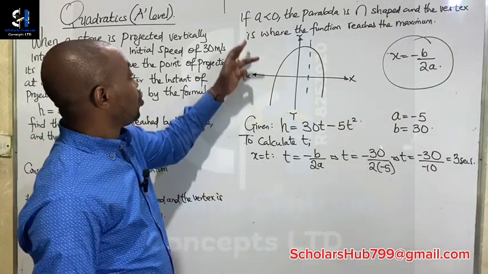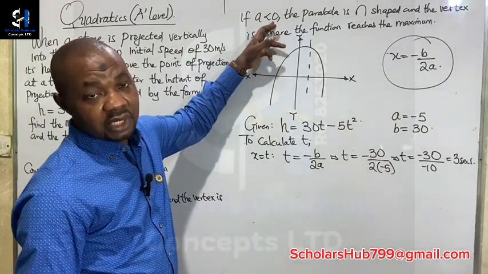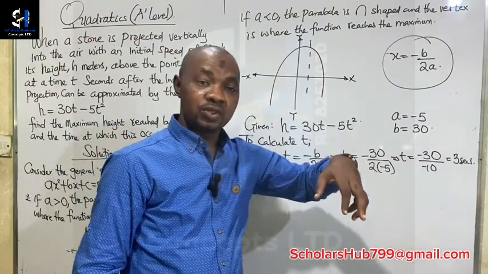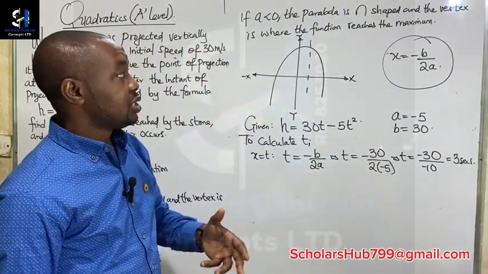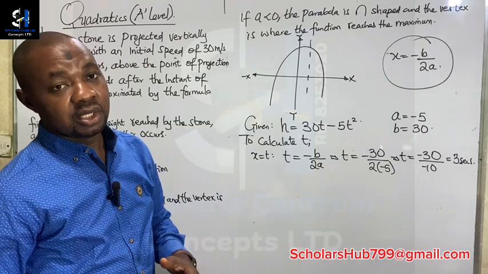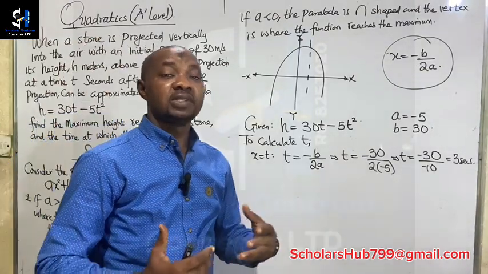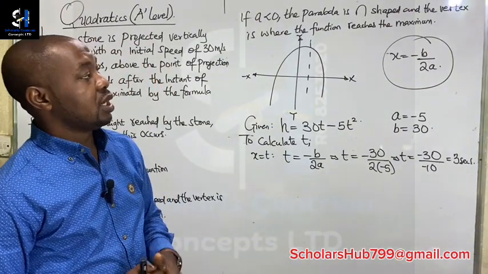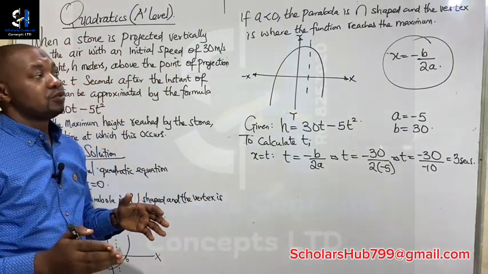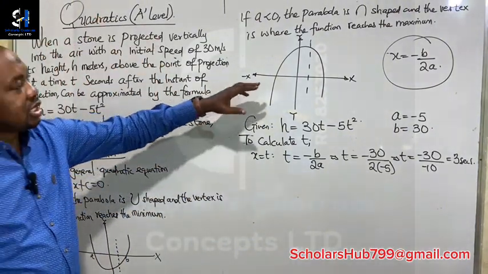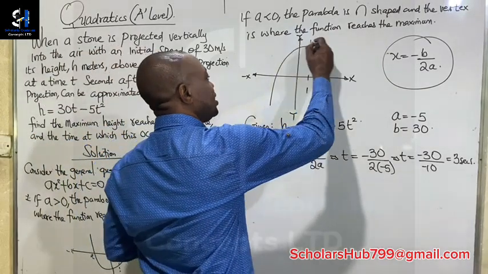If a is less than 0, that is, when the leading coefficient of the quadratic equation is less than 0, then the parabola is N-shaped, or inverted U-shaped, and the vertex is where the function reaches the maximum. So in this case, we want to calculate the maximum height.